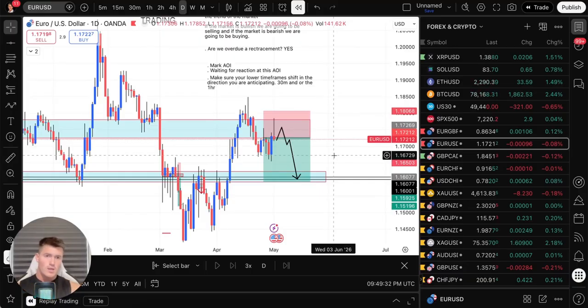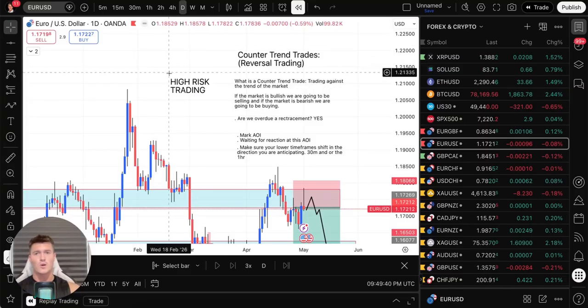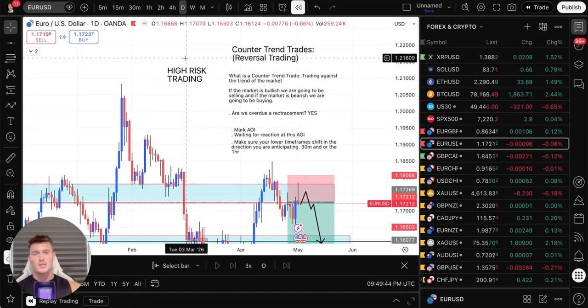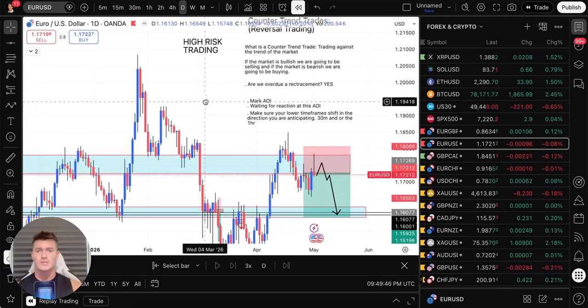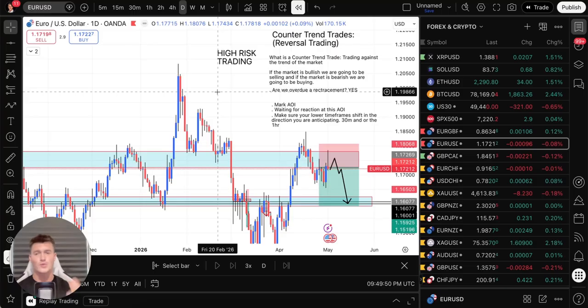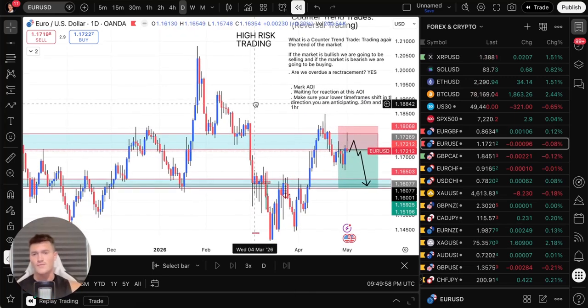And if I might take this counter trend trade this week, it is high risk. So just know that you are high risk trading when doing this, but you can still get your confluences and you can still mark off your confluences, your 30-minute shift of structure, your 1 hour, still making sure that you're getting your sniper entry at your pullback of the area of interest.